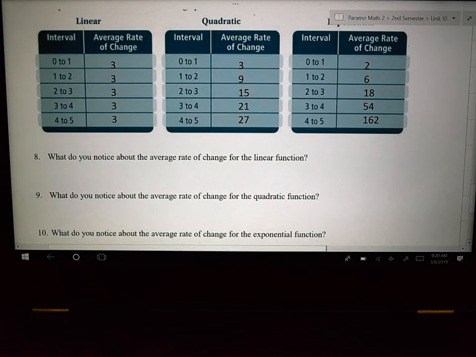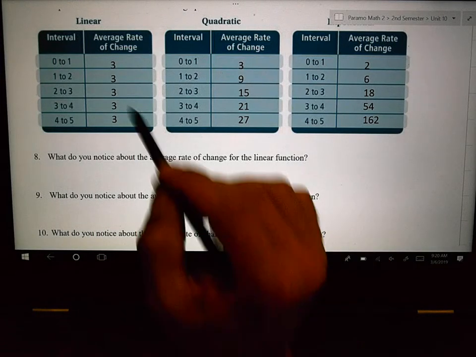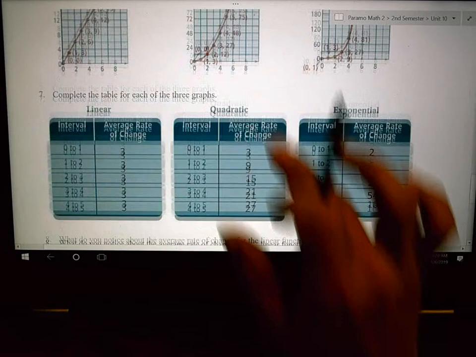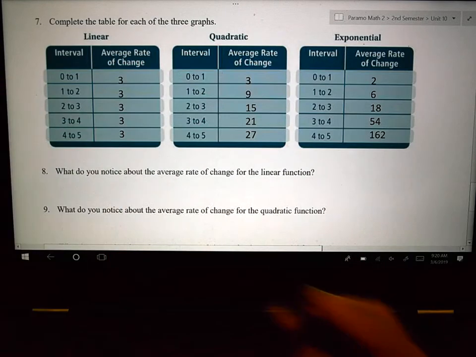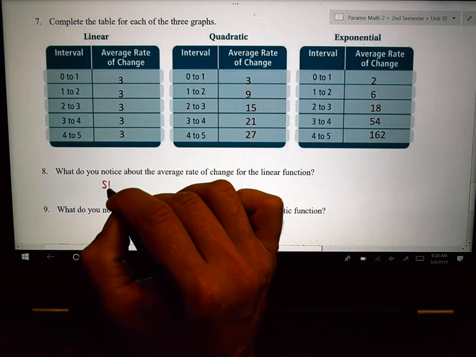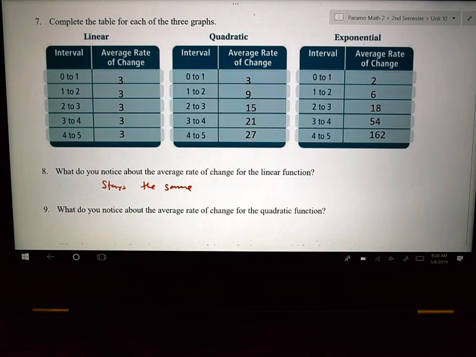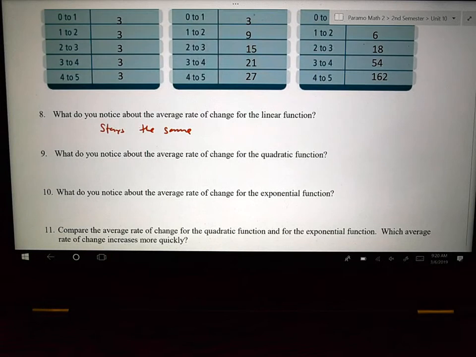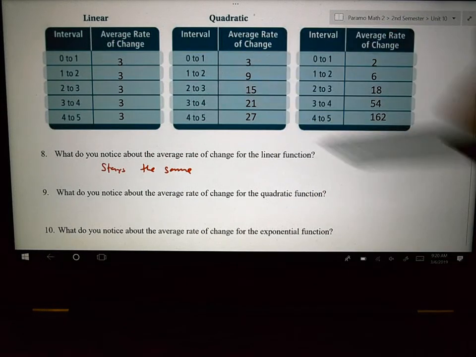I'll do number 8 with you. What do you notice about the average rate of change for the linear function? What do you notice about how much is this changing from one to the next and one to the next? It stays the same. What do you notice about the average rate of change for the quadratic function? Do you see any patterns?